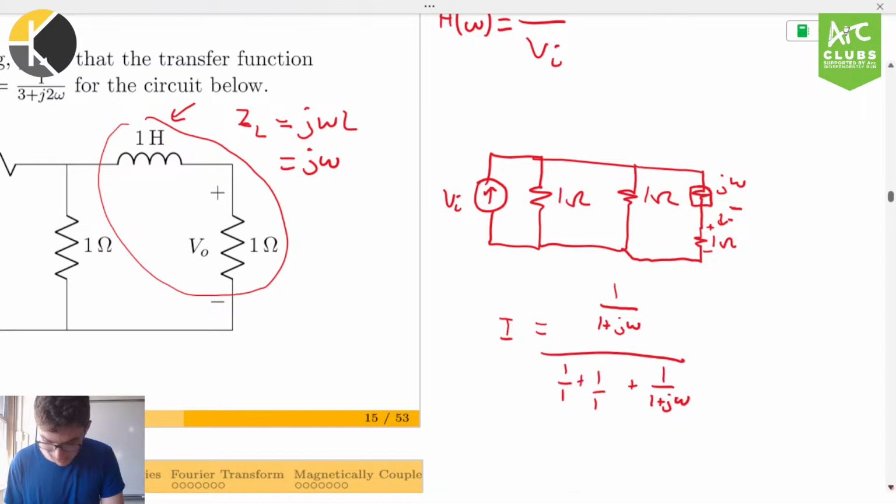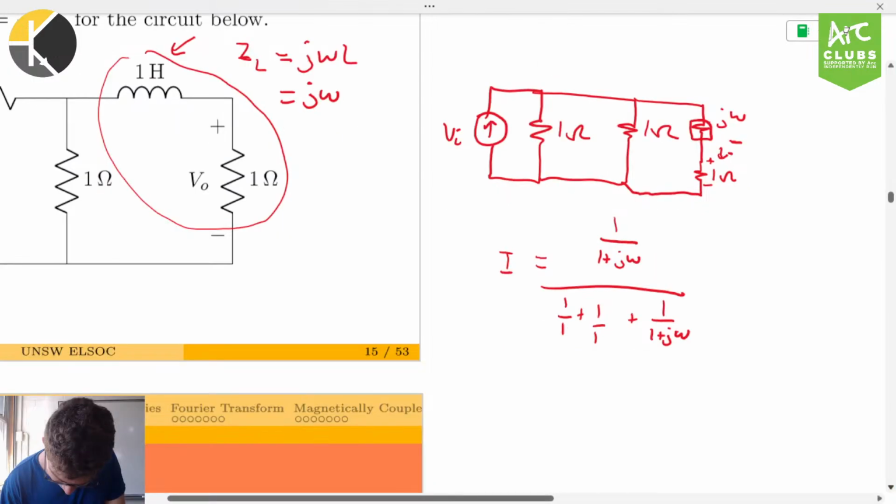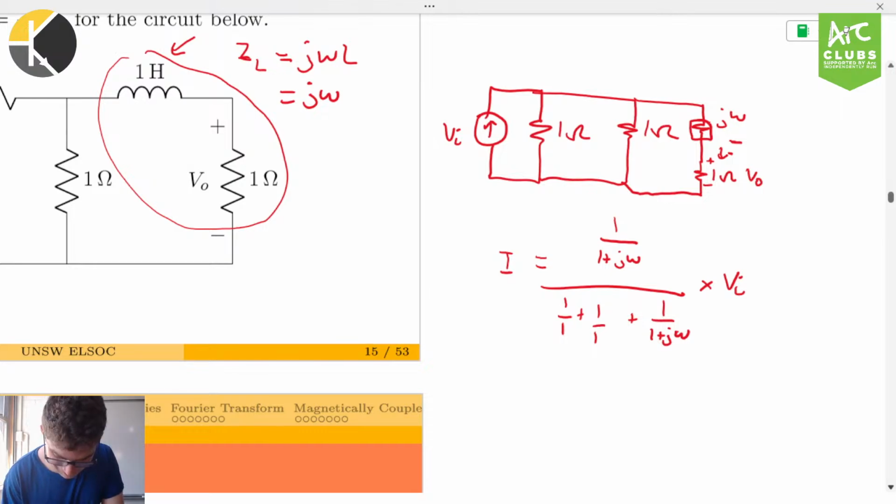All right. What I'm going to do over here is times VI. What I'm going to realize here is that this V out is equal to 1 times the current going through it, Ohm's law, and we're going to say.